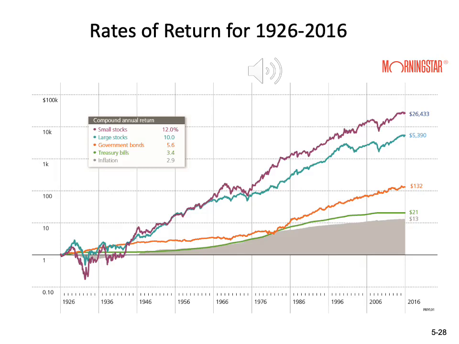Okay, so if you put $1 in the treasury bills, which offers 3.4%, which is better than inflation, at the end of the period, the treasury bill will deliver $21. You can do slightly better when you invest in the government bonds, which offers 5.6% every year in this period. So your $1 will turn to $132.